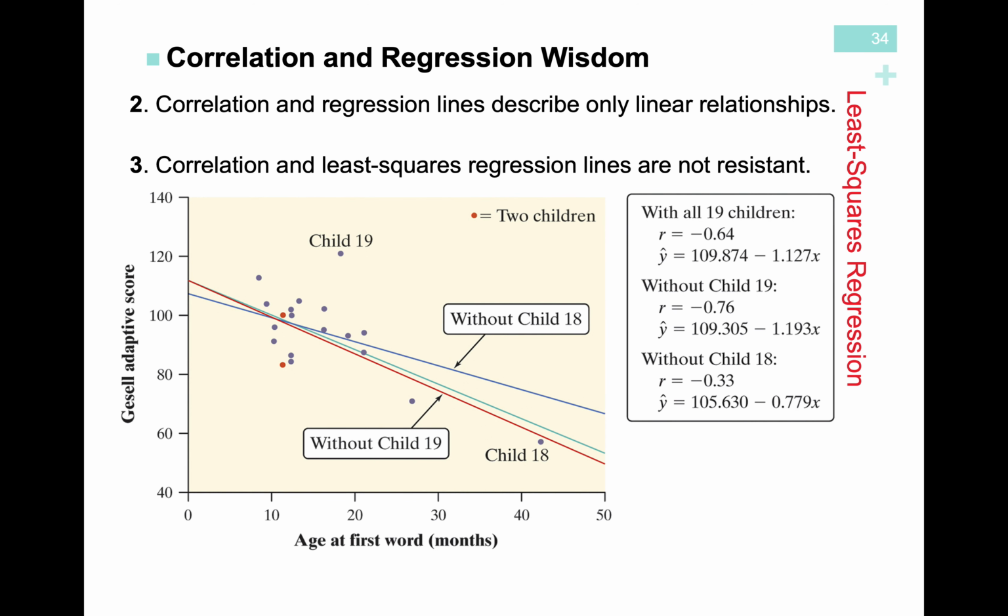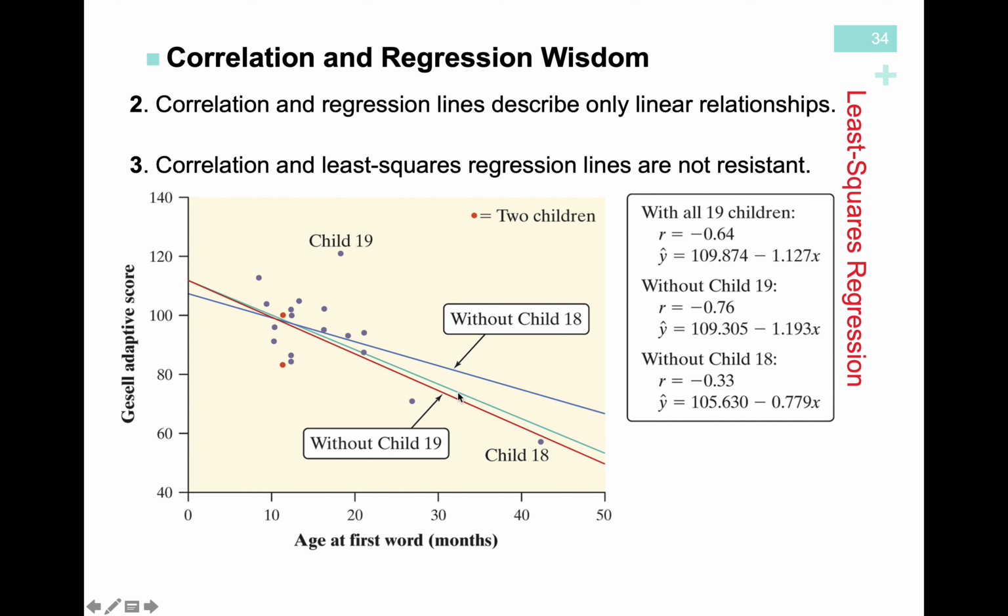So this is showing how we get very different results based on taking away the outliers. I believe the line we see in the middle is the one that is including both child 18 and child 19. Okay, if we take away child 19, it does lower us a little bit, it changes it.